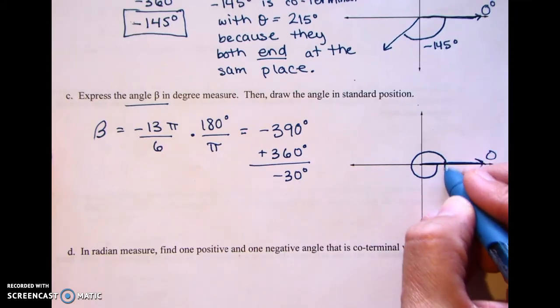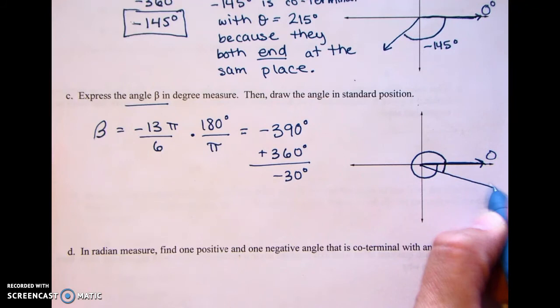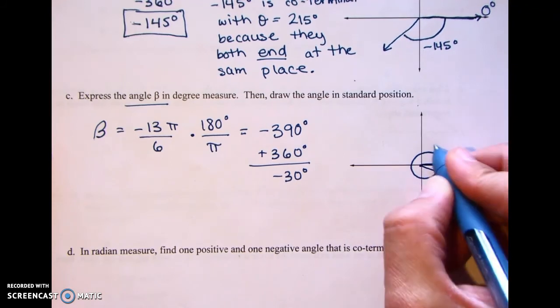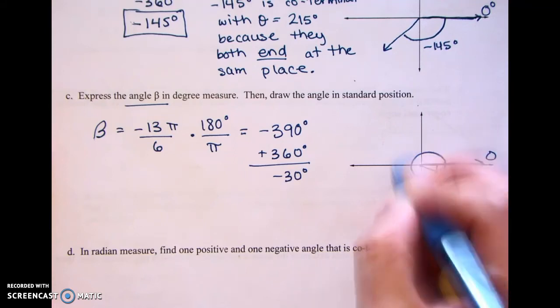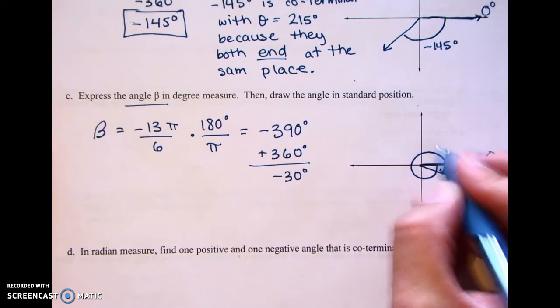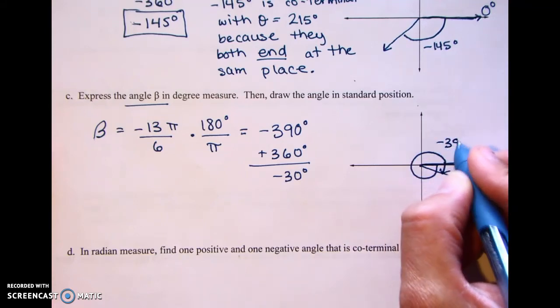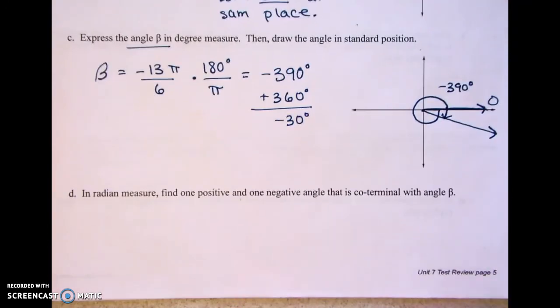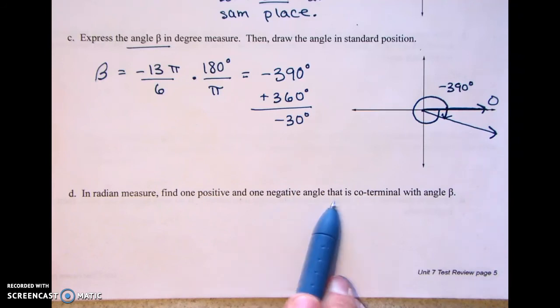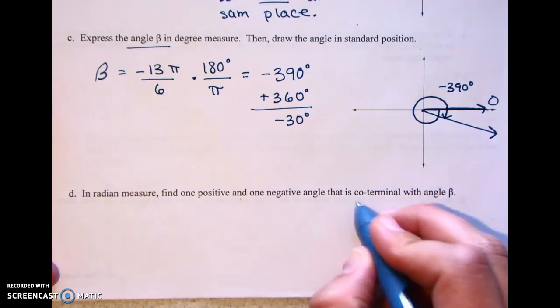So we're going to go down just a little bit to make our little angle 30. And that's it. Make sure you draw the spiral showing that you went backwards instead of forwards, and that's negative 390 degrees.